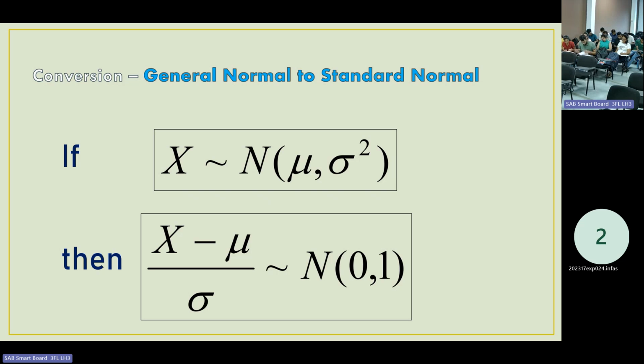Generally, normal probability problems will be based on general normal variable.